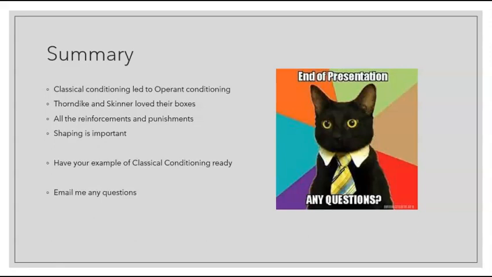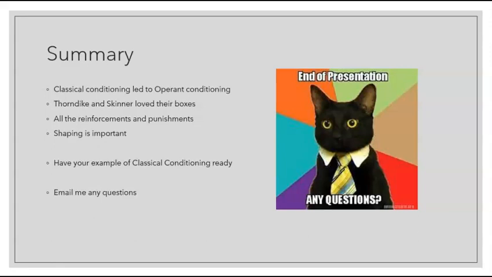We talked about some old white dudes called Thorndike and Skinner who loved their boxes, might have been cats in another life, and that really Skinner did not actually keep his daughter in a box her whole life. But you should know how operant boxes work. We talked about all the different types of reinforcements and punishments available, and we talked about the importance of shaping and how that plays a role in operant conditioning.